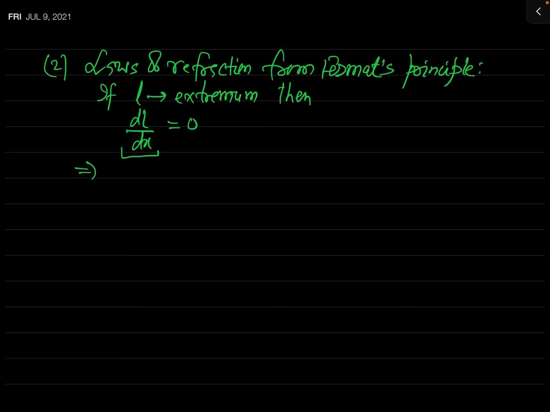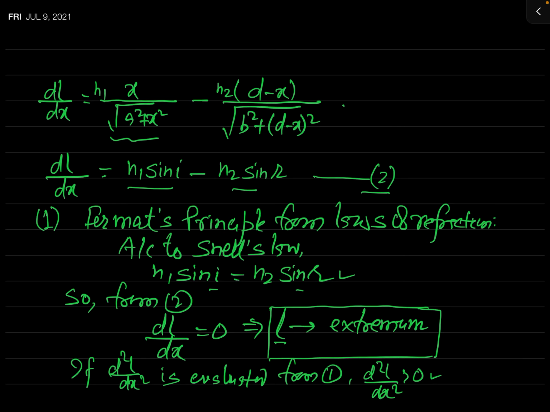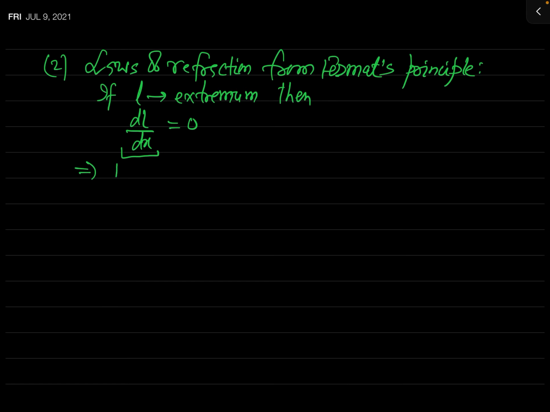Now put the value of this dL/dx which we have obtained in equation 2. In fact, dL/dx is equal to n1 sin I minus n2 sin R. So put it here: n1 sin I minus n2 sin R is equal to 0. And so you can say n1 sin I is equal to n2 sin R. Can you say what this is?